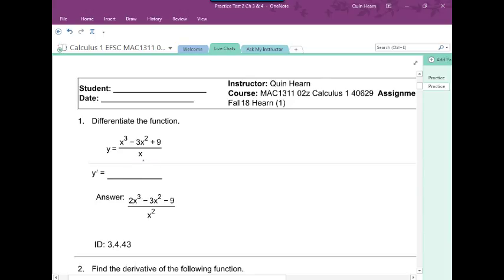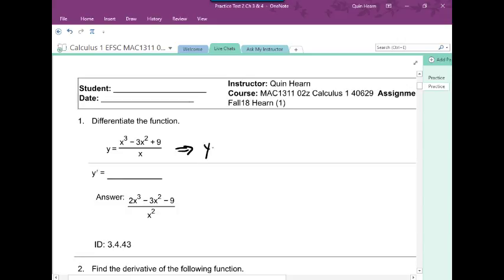However, how about instead of just going right ahead and applying the quotient rule, which can get a little bit messy, what if we simplified it algebraically before we try that? So what I would recommend instead is that we actually divide each term by the x in the denominator.